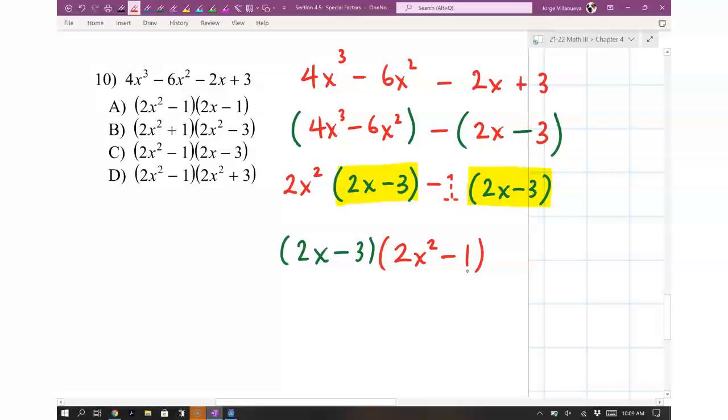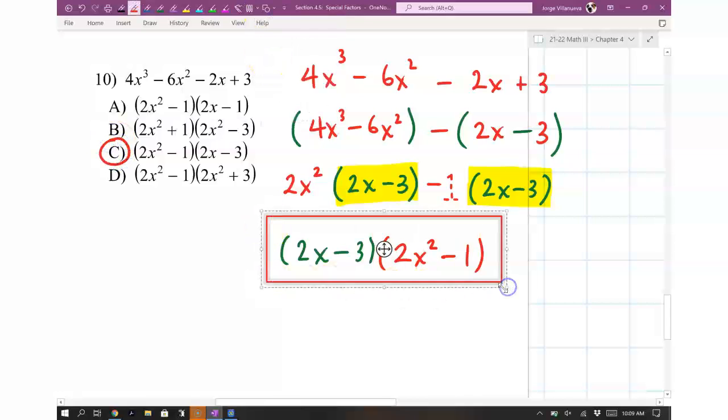And as you can see, 2x squared minus 1, 2x plus 3. Or sorry, 2x minus 3. That's C. That's how you do factoring of quadrinomials. So right now I'll give you guys your homework for this.